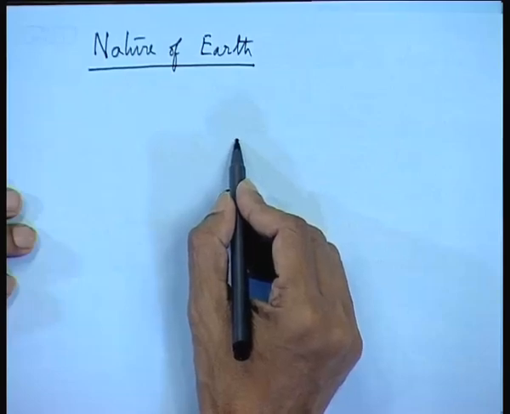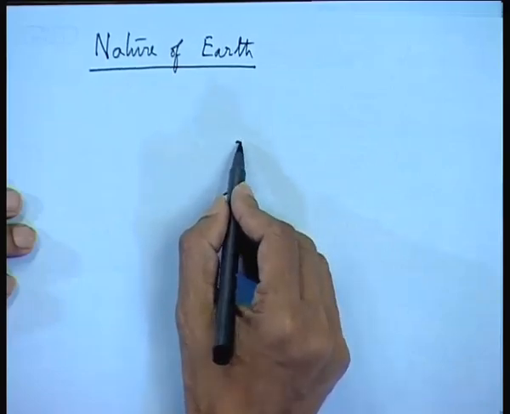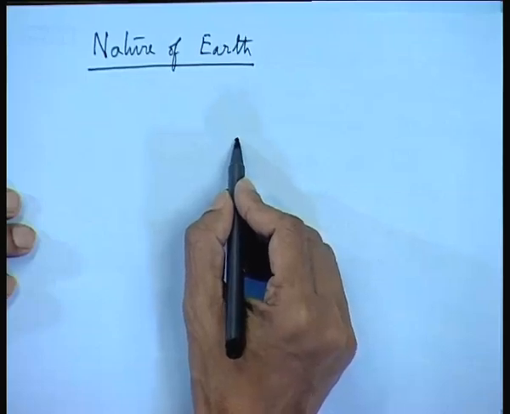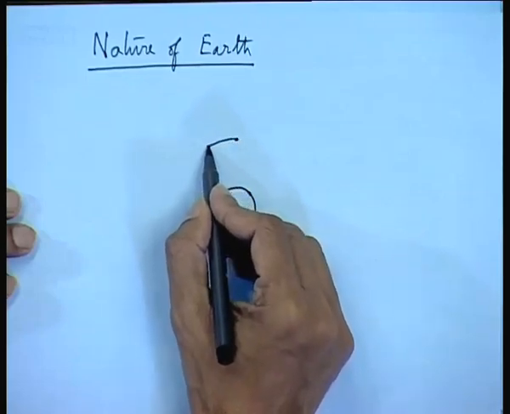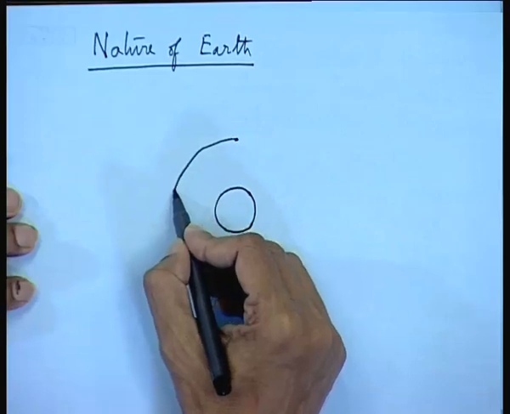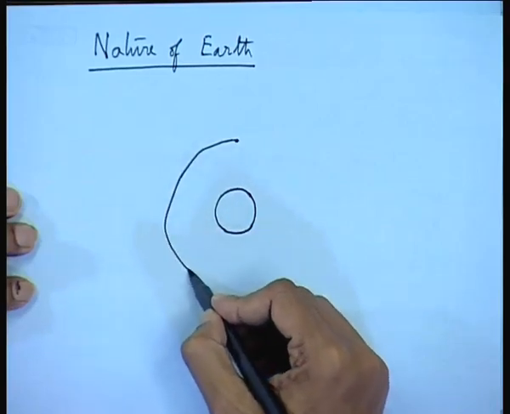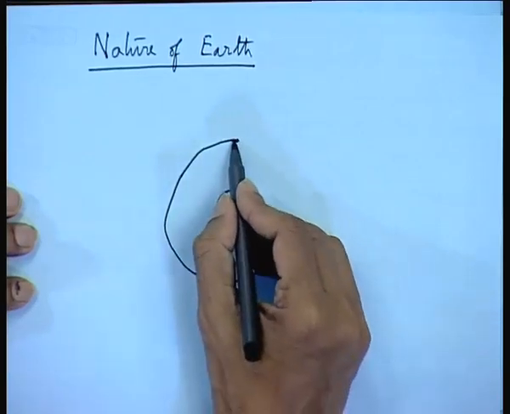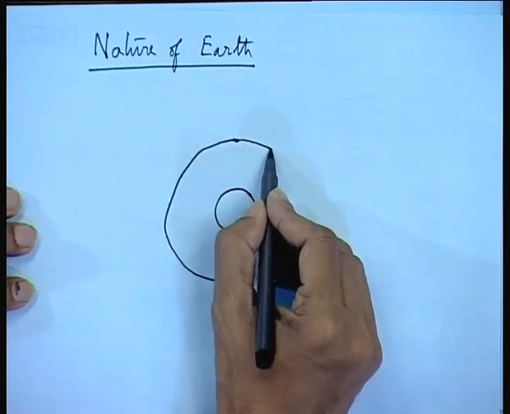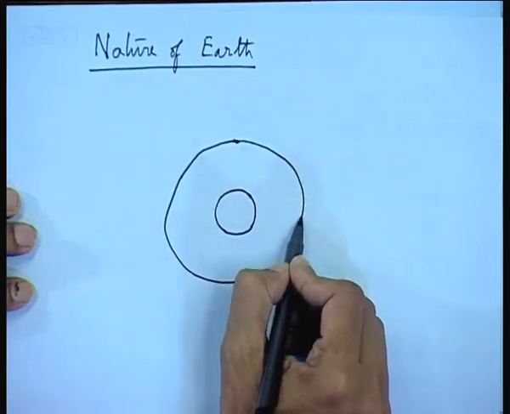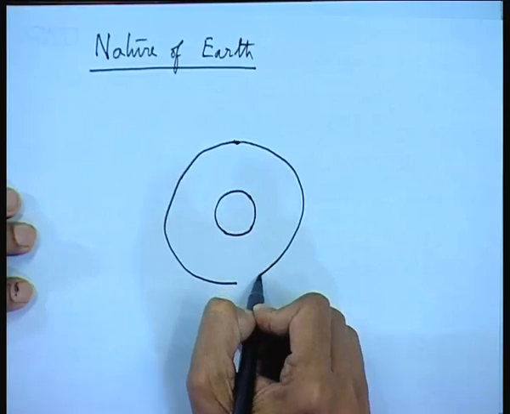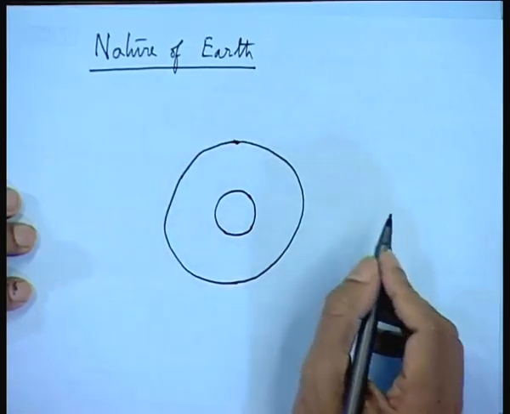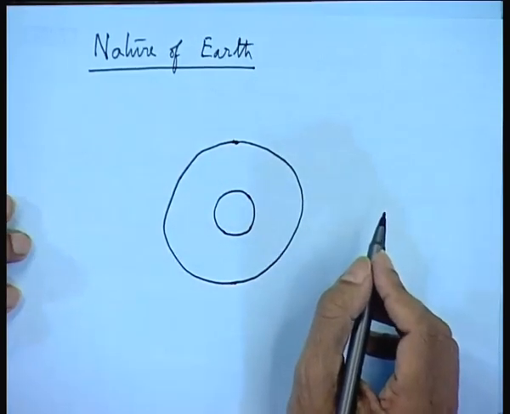So, this is called a mantle rock. From this diagram you can observe that the core is very securely ensconced inside the mantle rock. So, this is the basic physical nature of the earth.